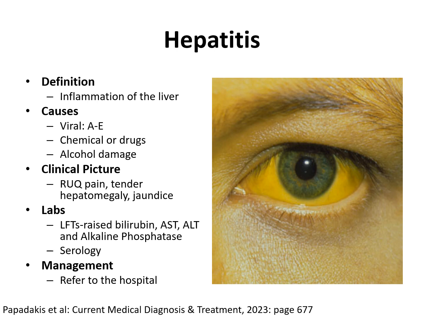Patients with hepatitis will present with right upper quadrant pain, tender hepatomegaly, and obviously jaundice. The eyes, sclera, and skin would be yellow tinged, and in the case of hepatitis, the urine would also have excess amounts of bilirubin inside.